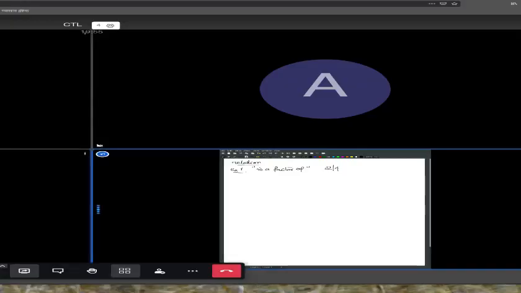Is it viewable now? No. Julia, can you see it? Yeah, I can't see it. I'm on a computer, if that helps. Yes, I'm also on a computer.